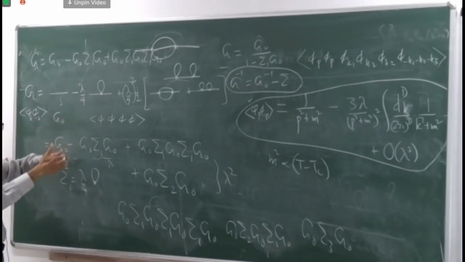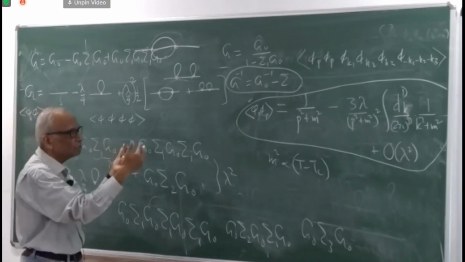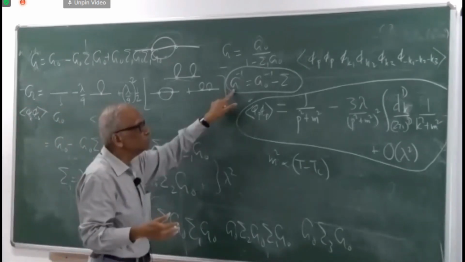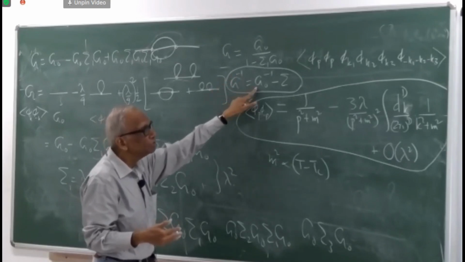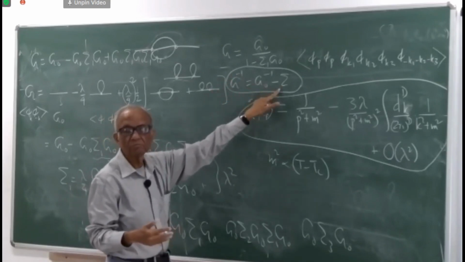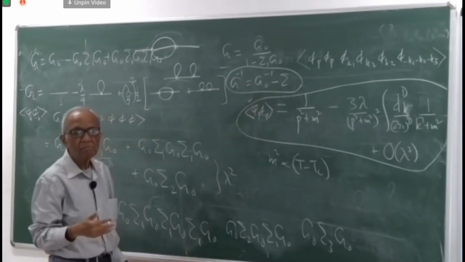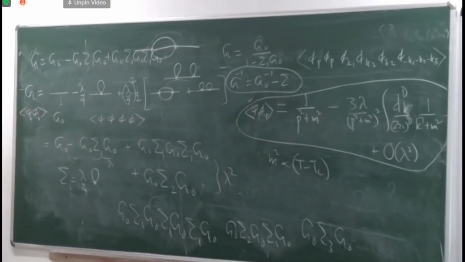That is the self-energy. And that self-energy gives you the propagator, or correlator, as G, which is the full G, as G inverse equal to G0 inverse minus sigma. That is the whole story of perturbation theory.